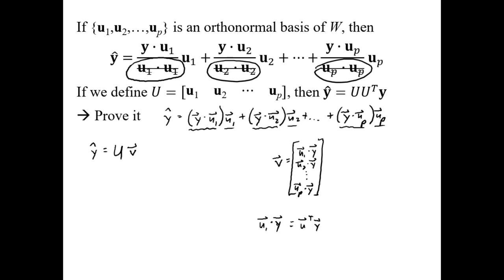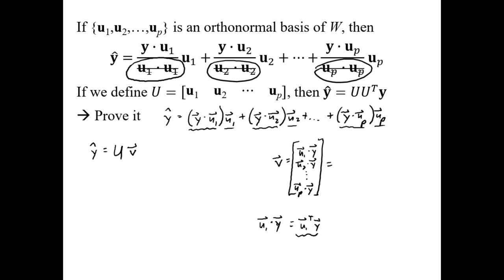This is not a dot product anymore, this now becomes a matrix multiplication. If U1 is a vertical vector, U1 transpose is horizontal. I'm taking that horizontal vector and multiplying it by y.